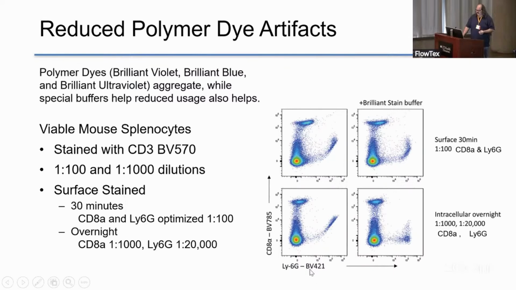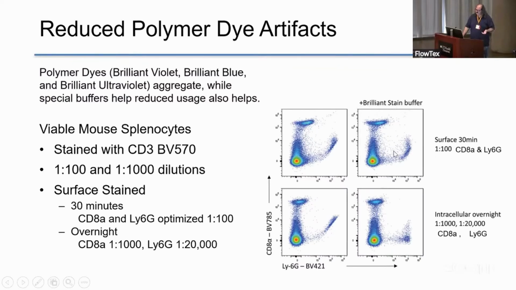Once again, all three of these are brilliant violet family. Manufacturers have made dye stain buffers that help with this polymerization, but you can clearly see here that it's not really complete.